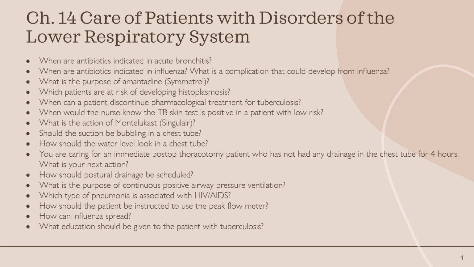The fungus lives in moist soil, such as that in which mushrooms grow, on the floors of chicken houses and bat caves, and in bird droppings. So patients who come in contact with those types of things in the environment would be at risk of developing histoplasmosis.